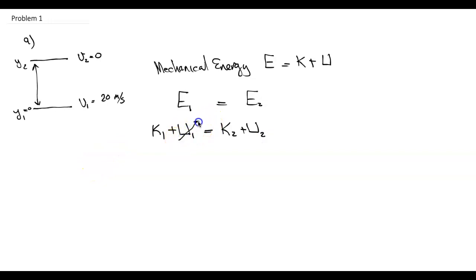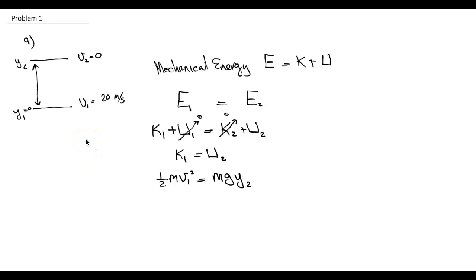At 1, it's 0 height, so it doesn't have any potential energy, and at the highest height, the velocity is 0, so that's cancelled. So in this case, K1 has to equal U2. The kinetic energy is 1/2 mv1 squared. The potential energy is given by mg times the height, which in this case is y2.